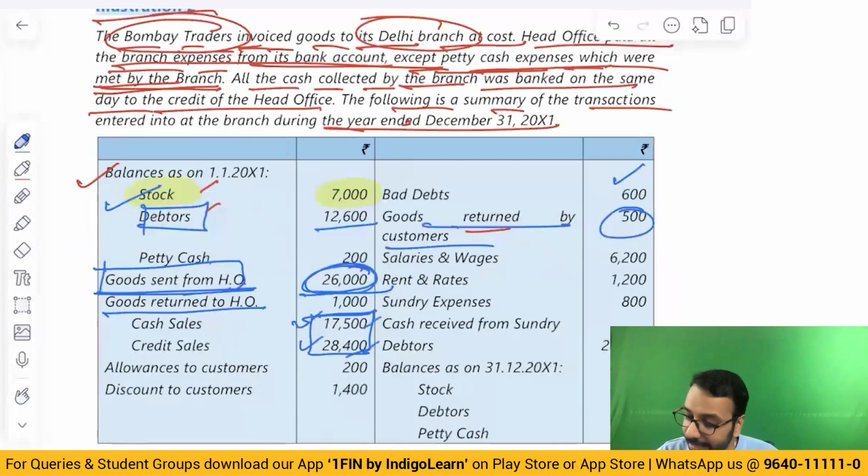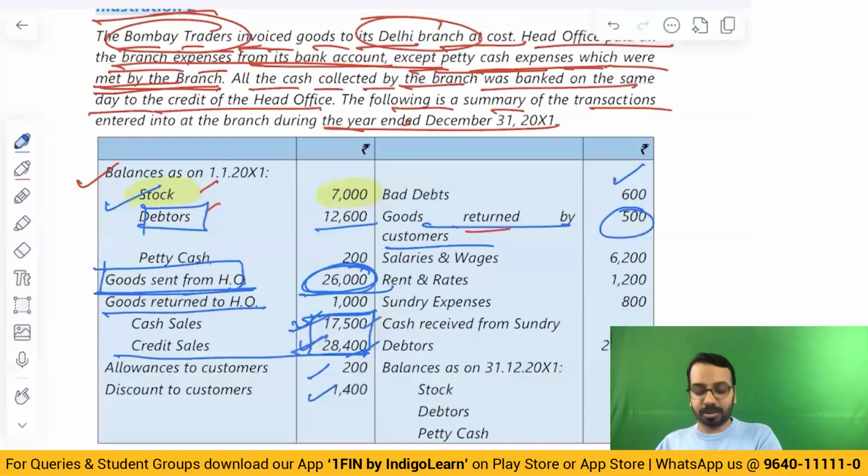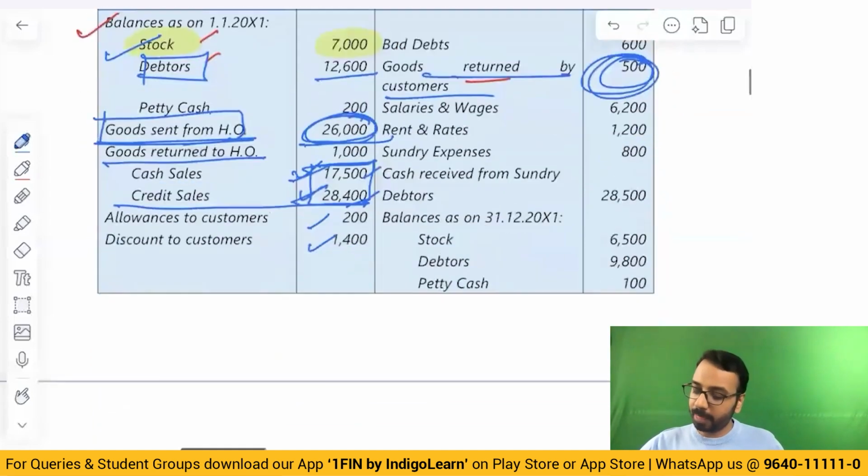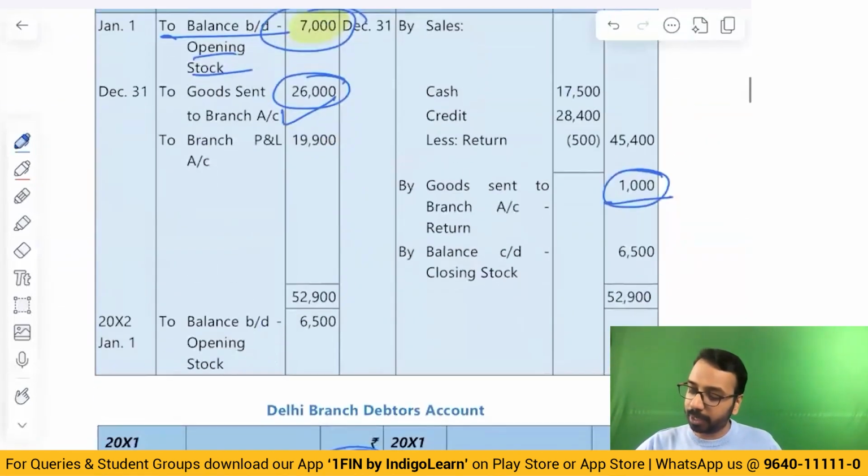See, bad debt, allowances, discount, these are not my trading account items. These are my P&L items. So I will not touch them. What is the sales that I have made? 17,500 plus 28,400. I will credit that to the branch stock account, and whatever has been returned by the customer, I will reduce that. So sales minus sales return 45,400.